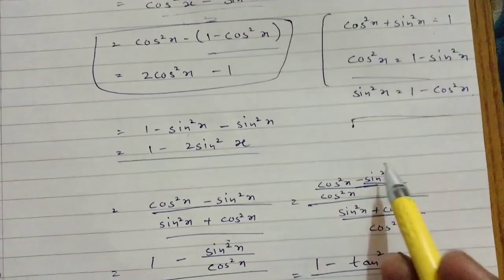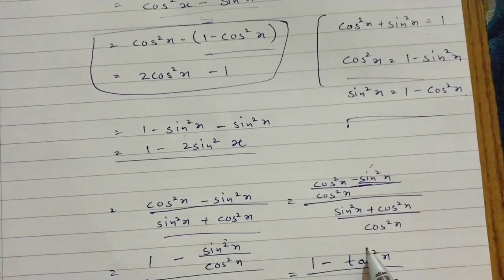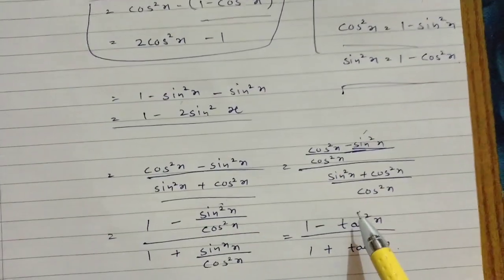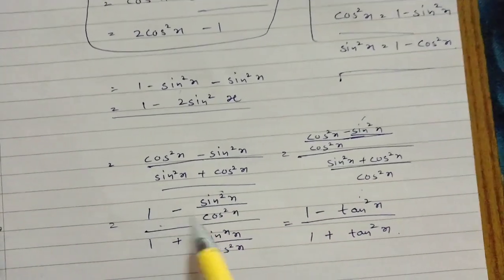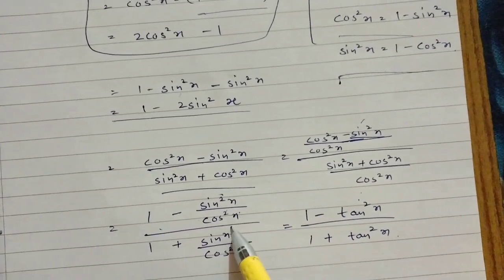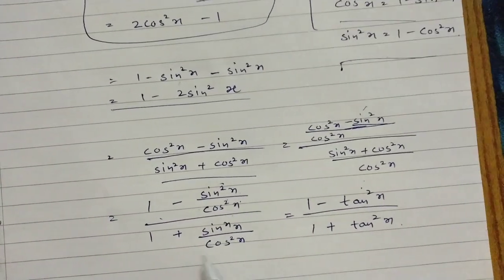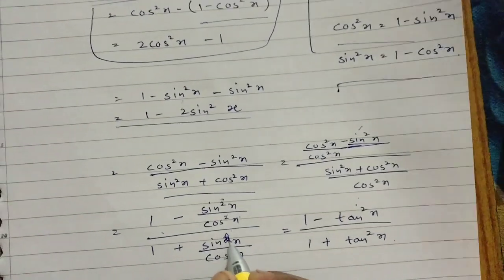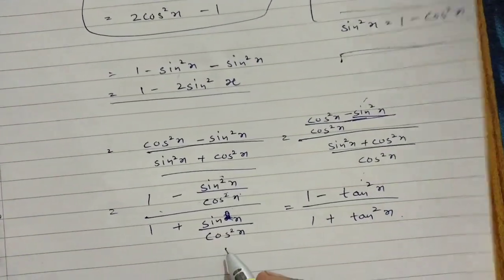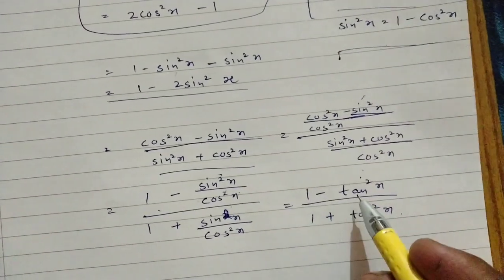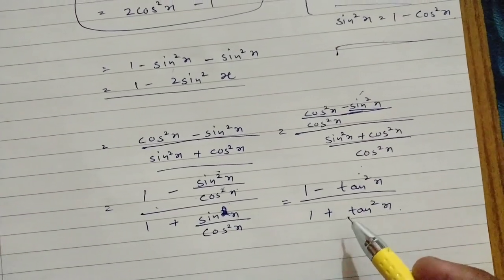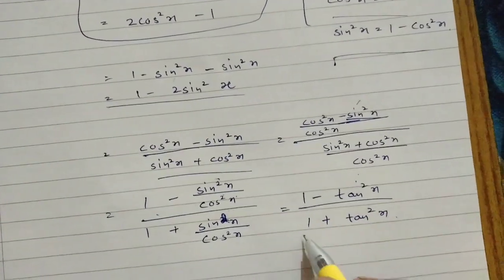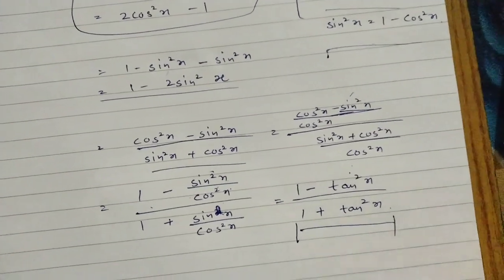We will divide numerator and denominator by cos square x, and it becomes 1 minus tan square x divided by 1 plus tan square x, and it is the third formula which is in the form of tan.